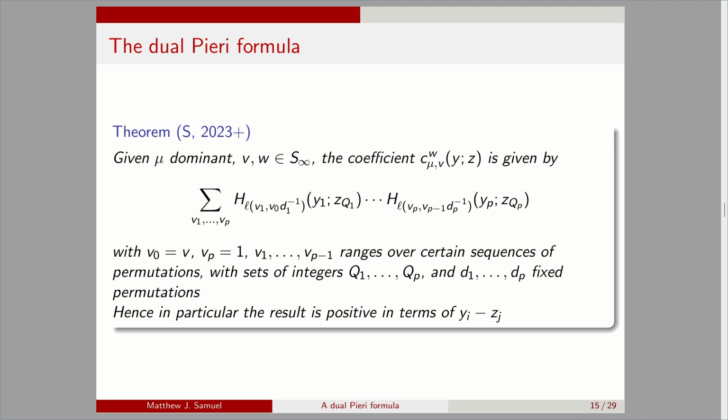Although this is complicated, it proves that the result is positive in terms of y_i minus z_j.